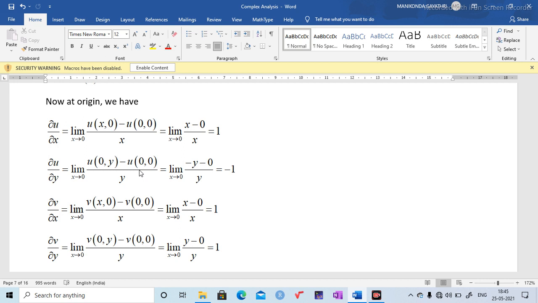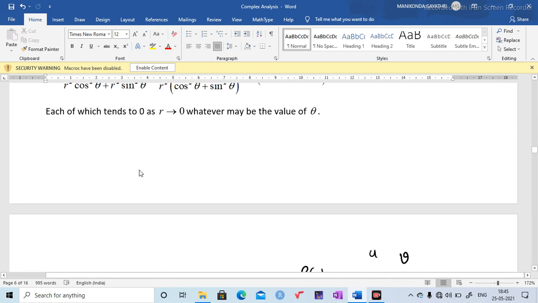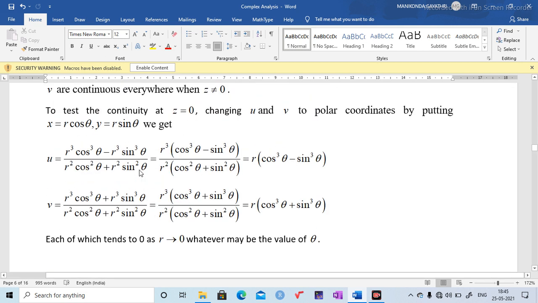So here you can observe the origin is there, x changes, y has no change, that means (0, 0), only x values vary, divided by x, u of x comma 0. Now we want to find u of x comma 0.